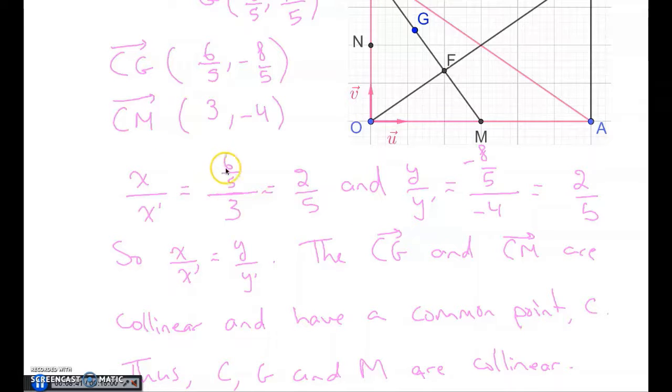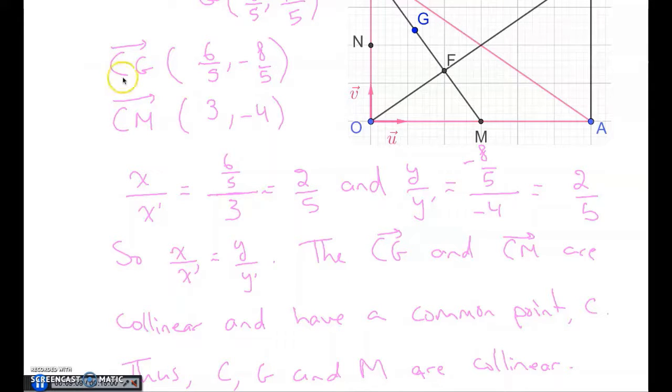If you get confused which one is equal to 2 over 5 times the other one, you can think of it this way. Although you cannot divide vectors, on scratch paper you can do it. CG over CM, because x over x prime is 2 over 5 and y over y prime is 2 over 5. So as if you're saying CG over CM is 2 over 5, which means that CG is equal to 2 over 5 CM.